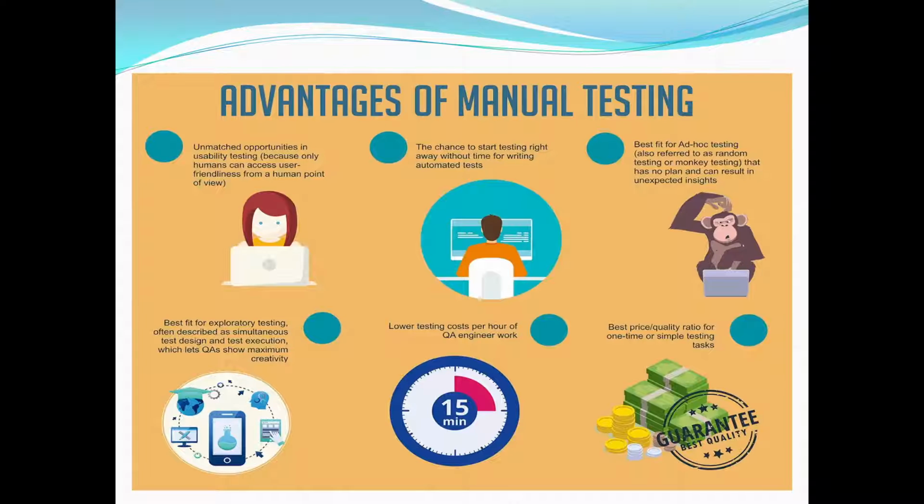So there are different advantages of manual testing over automation testing. The first of all is unmatched opportunities in usability testing, because only humans can assess user friendliness from a human point of view, right? Humans are the ones who are getting a feel about the software or the app they are using, right?